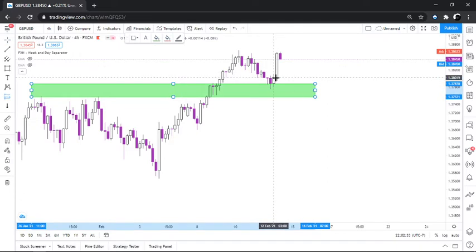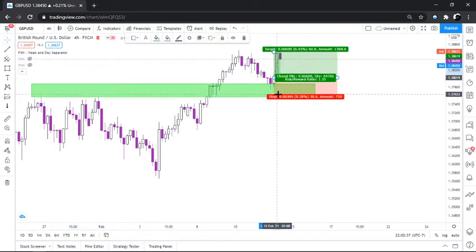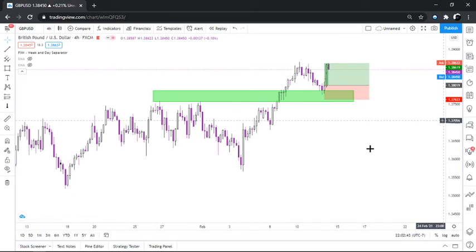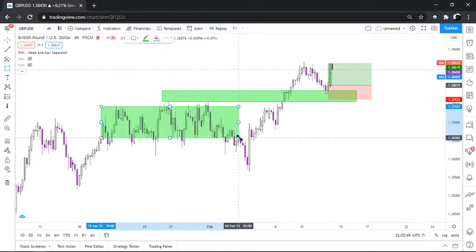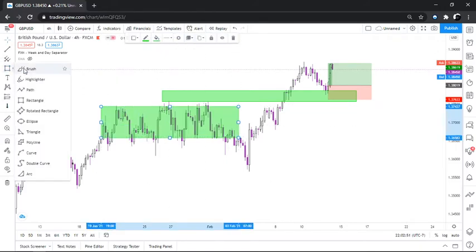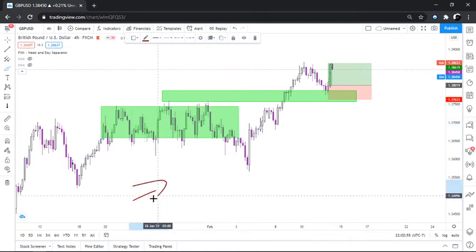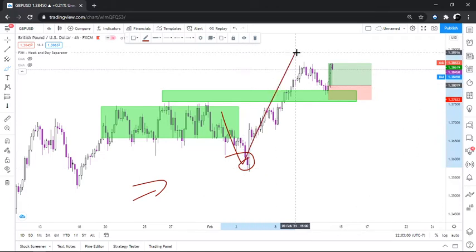You go along. There it is. And that's how you win at trading: identifying the range. The trend is obviously up. The pullback is here. And then the trend continues.